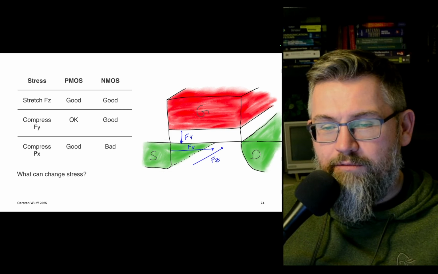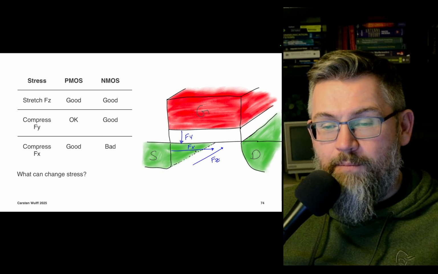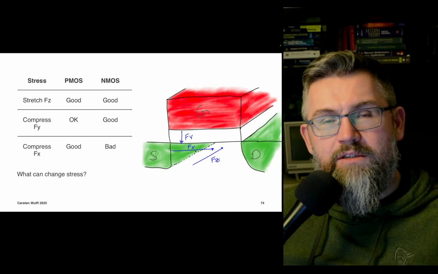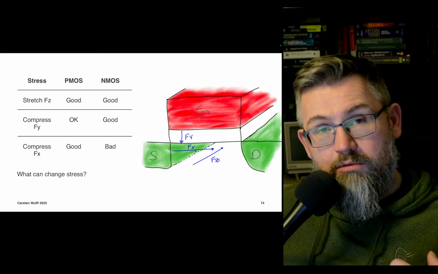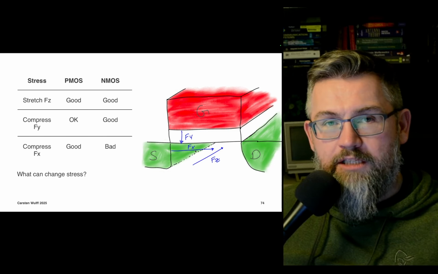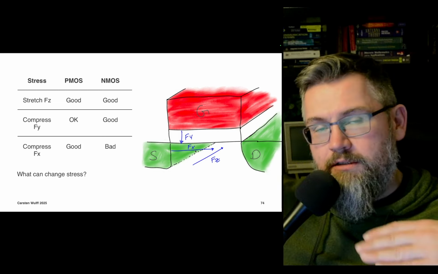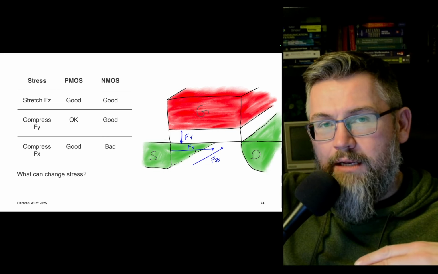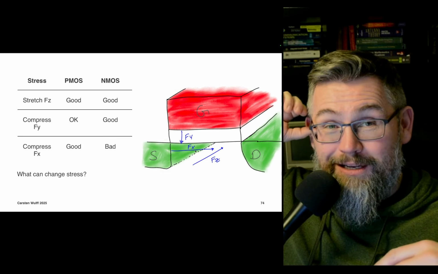And then for compressing the X, that's really bad for NMOS and good for PMOS. And the reason it's different for PMOS and NMOS is because there's a difference between having holes as a majority carrier and electrons as majority carrier. And how the band structures behave, well, that's dependent on the valence band and the conduction band. And the conduction band and the valence band might change differently depending on the strain.